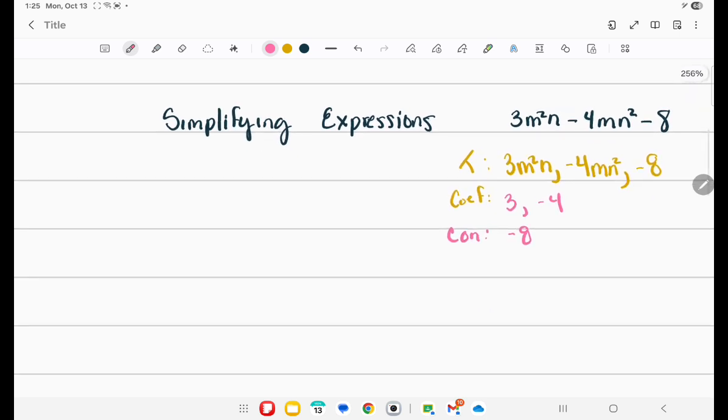Now, we know what expressions are. We know the parts of an expression. Let's talk about what simplifying expressions means.